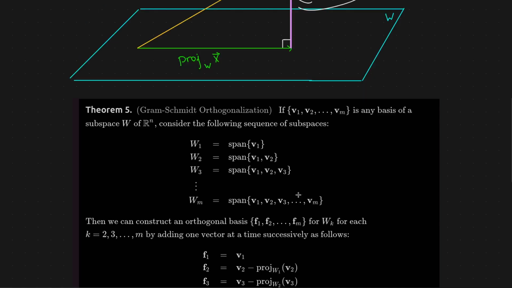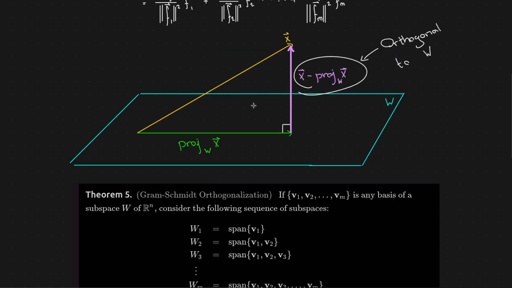Going back to our picture here, this is like V2, and we're subtracting the projection of V2 onto W1. That's going to give us a vector that is orthogonal to W1.